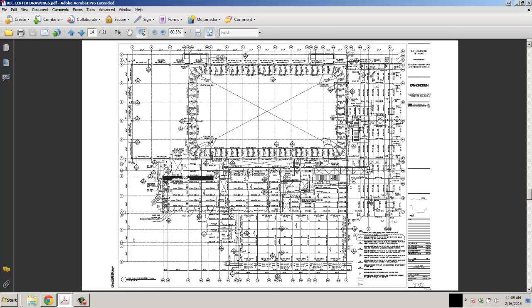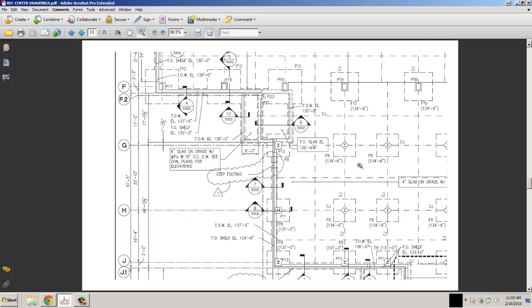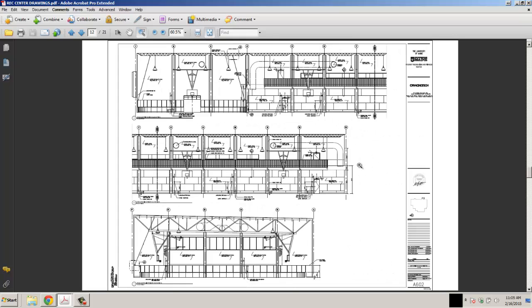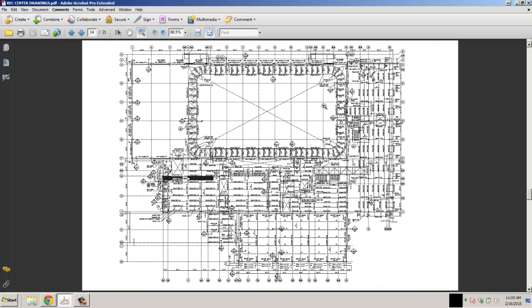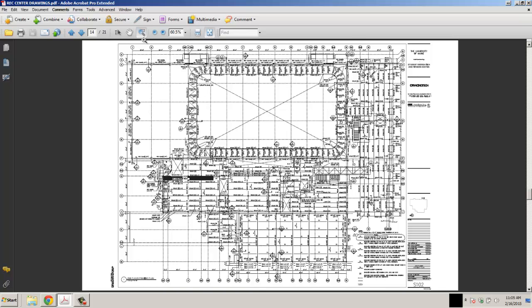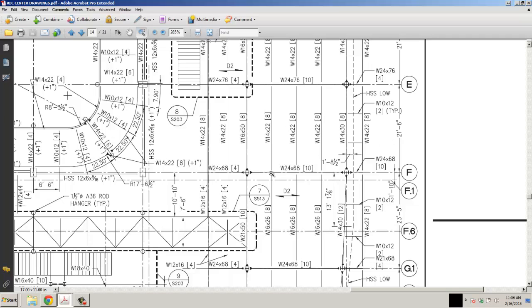Now, what we're looking at here is actually the structural drawing, S101. Now we can actually see the steel that's in the building. If I look a little closer here, we can see that on this column we've got these W24 by 68 steel beams running across, and in between those are these W14 by 22 steel beams.